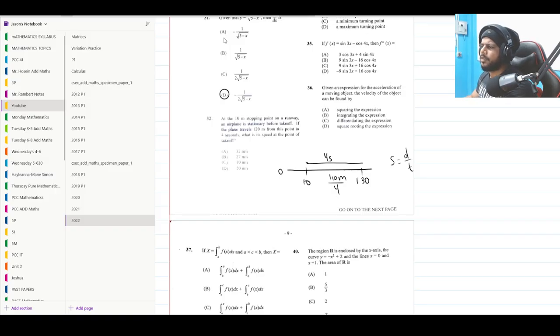So it could be 120 on 4, which is 30 meters per second. Initially reading this question, I thought this is a maths question, so I was looking to see if it had any little trick in it. I guess it didn't have any trick in it.